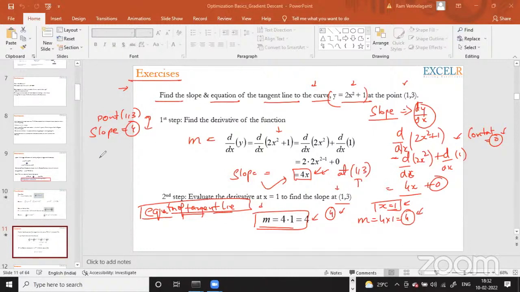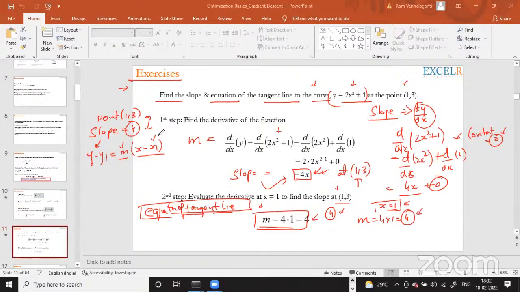If you go back to our 12th standard coordinate geometry, there you would have studied this formula. y minus y1 is equal to m into x minus x1.